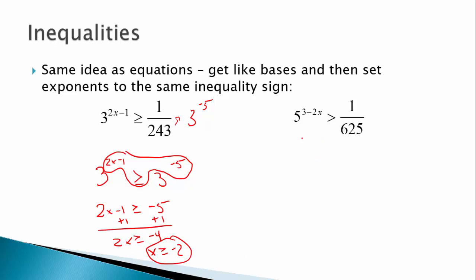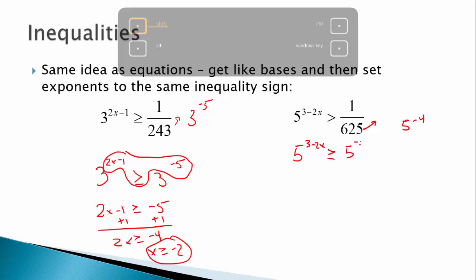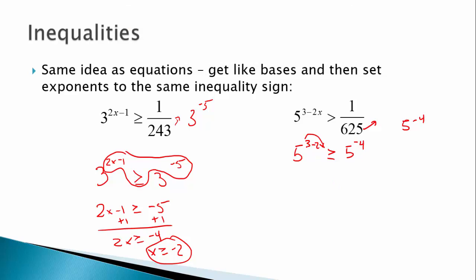Okay, let's try the second one. I'm probably going to keep the 5 the same, but 1 over 625 is 5 to the negative 4th. So we get 5 to the 3 minus 2x power is greater than 5 to the negative 4th. And then again, we just focus on the exponents. 3 minus 2x is greater than negative 4.